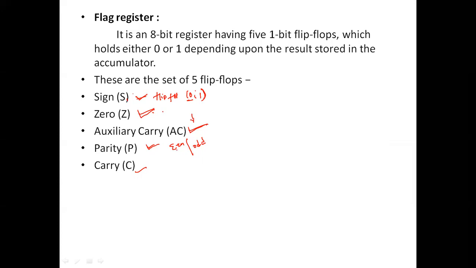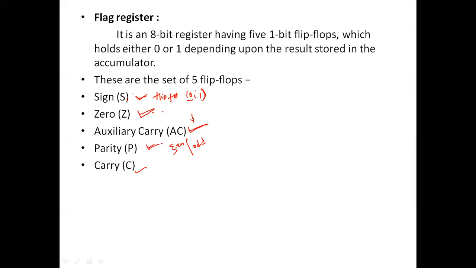So even parity in the sense, the parity flag is going to be checked. Parity is nothing but even number of ones, then the parity flag is going to be checked. And next, the carry. Then the carry flag is going to be set. So this is how the flag registers are going to be there.